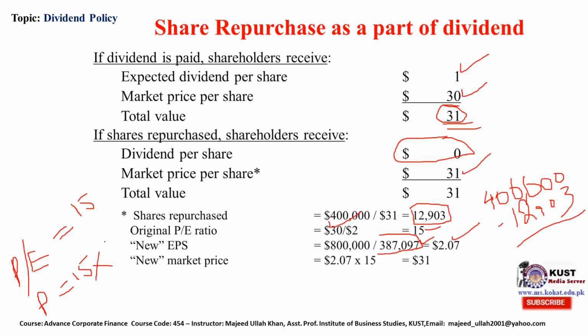The new earning per share is 2.07, multiplied by 15, we get a market price of $31. So whether the company repurchases its shares or declares a dividend, there is no impact on the value of the shareholder. They would have the same value, that is $31.